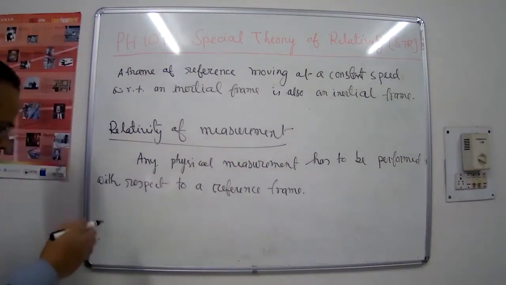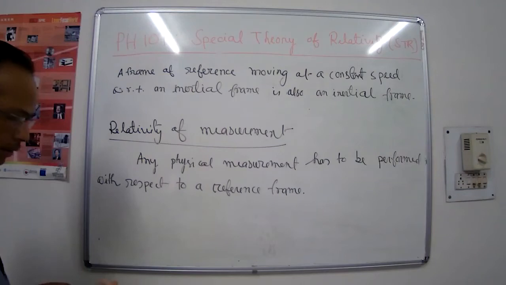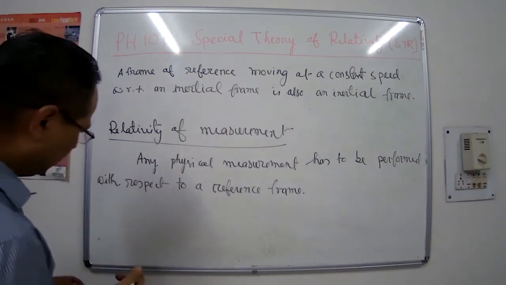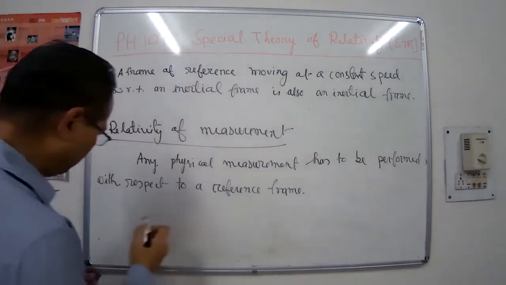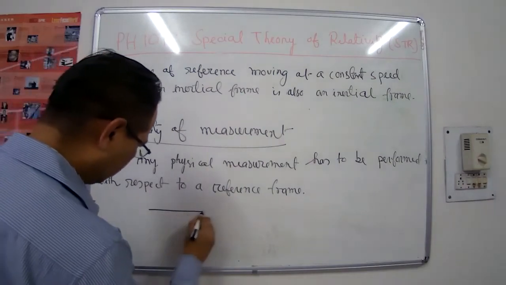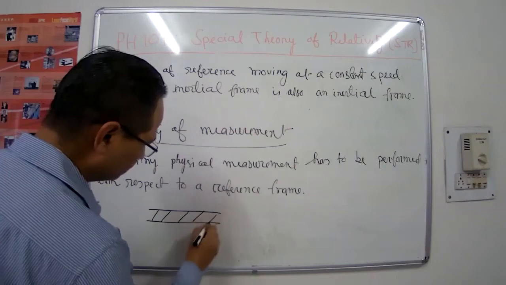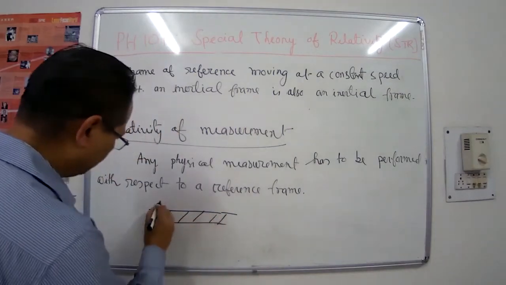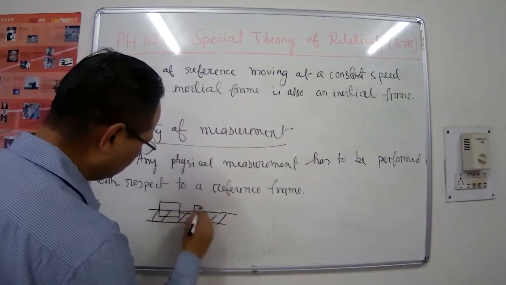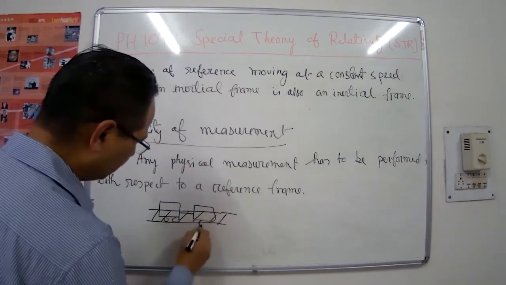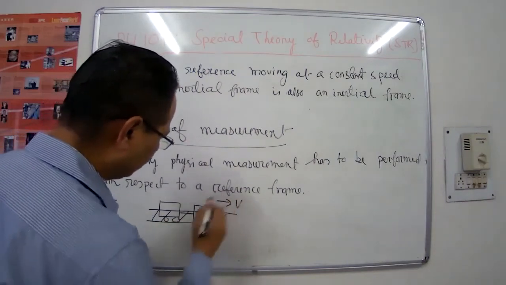Let's say I am measuring the speed of a body. Let's say there is a railway track and there is a train which is moving with a certain speed, let's say capital V.